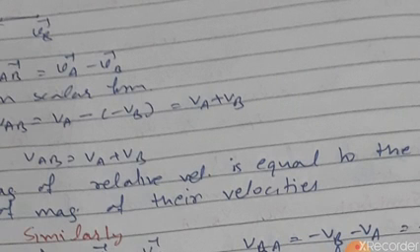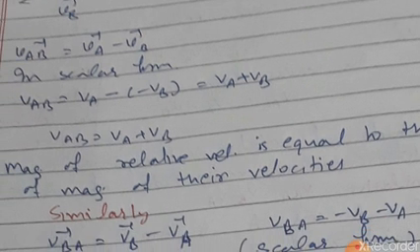If both are moving in opposite directions, then the velocity of A with respect to B will be 100 plus 80, that is 180 meter per second, or if you are measuring in kilometer per hour, then the answer will be in kilometer per hour. So what we did was add their velocities, since both are moving in opposite directions.